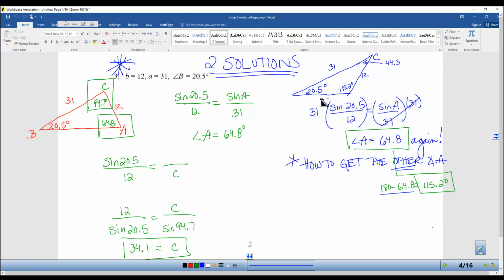And then you're going to have to find side C by doing C is to sine of 44.3 is equal to 12 is to sine of 20.5. And when you do that math, you'll get C is equal to 23.9. So in addition to getting this original set of answers, when you draw the triangle differently, you have a whole other set of answers that you need to get.